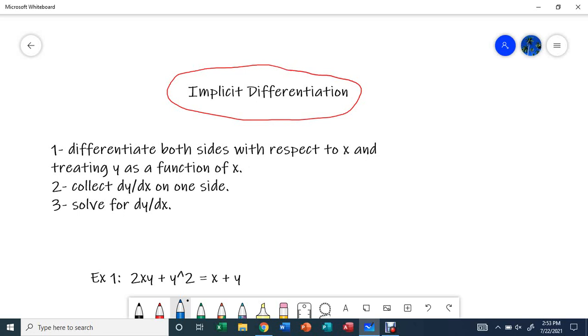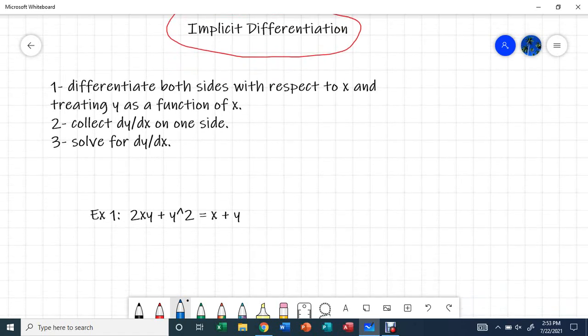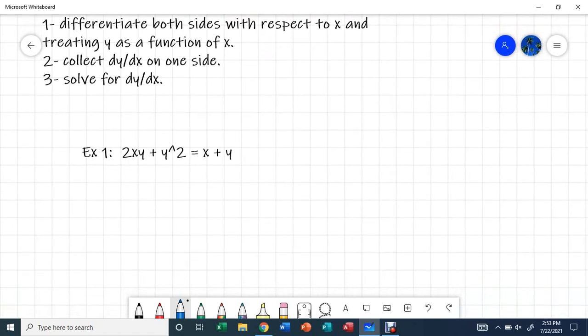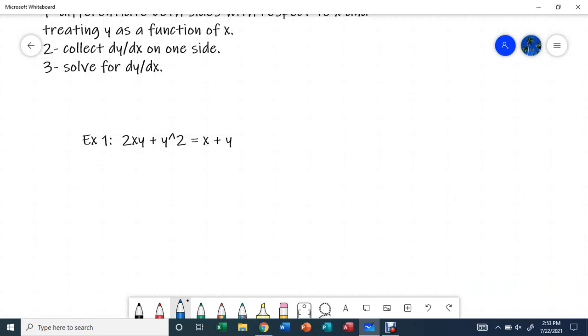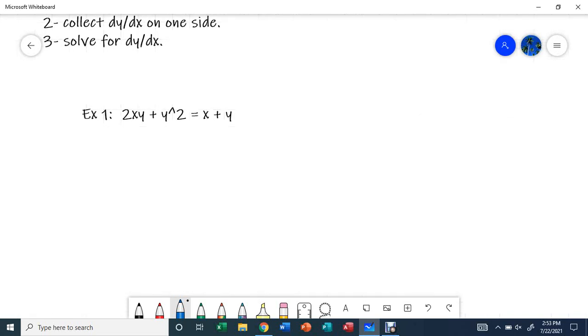So the first example here, we have 2xy plus y squared equals x plus y. So let's do step 1, differentiate both sides.